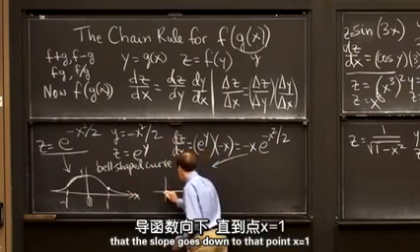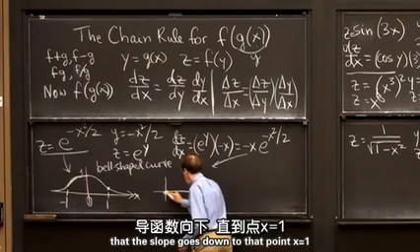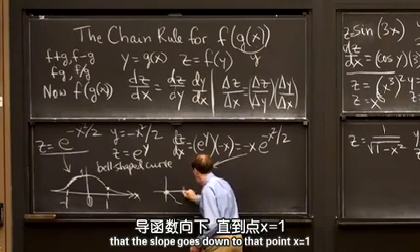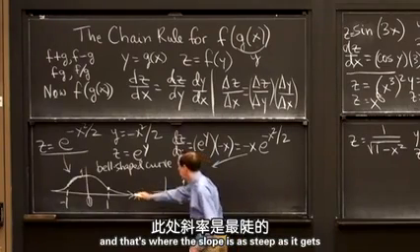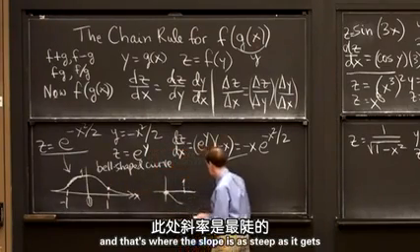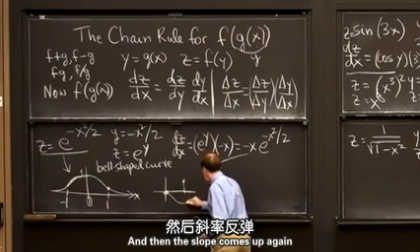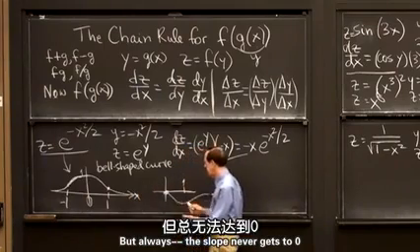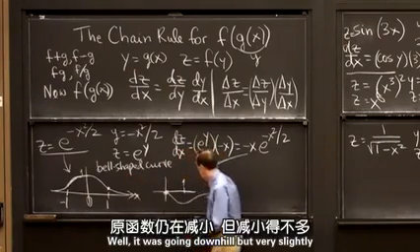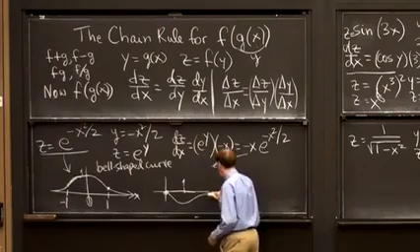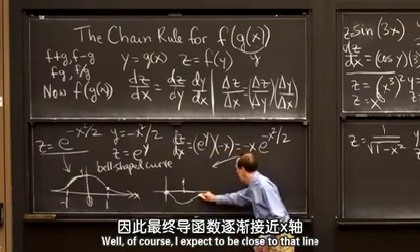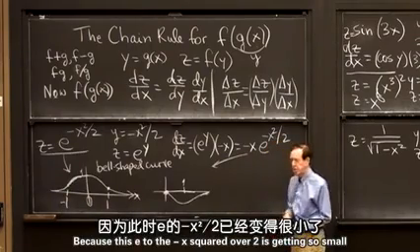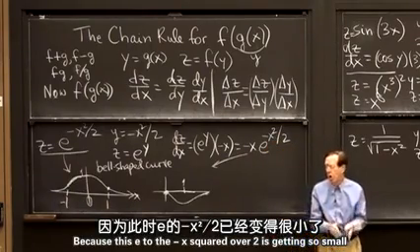I think that the slope goes down to that point x equal 1, and that's where the slope is as steep as it gets. And then the slope comes up again, but the slope never gets to 0. We're always going downhill, but very slightly. Of course, I expect to be close to that line because this e to the minus x squared over 2 is getting so small.